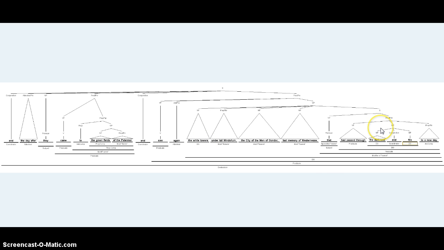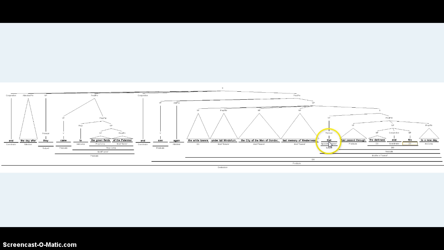And at the end here we have an interesting situation with direct objects. We have two direct objects that are coordinated by and. So these are both direct objects. The darkness and fire are what the towers had passed through.